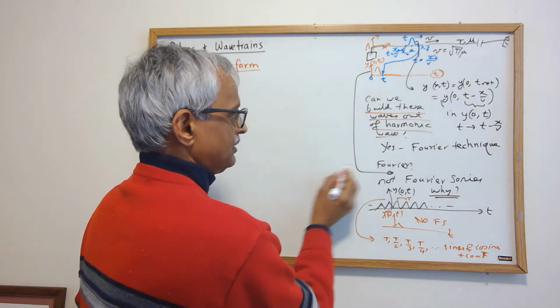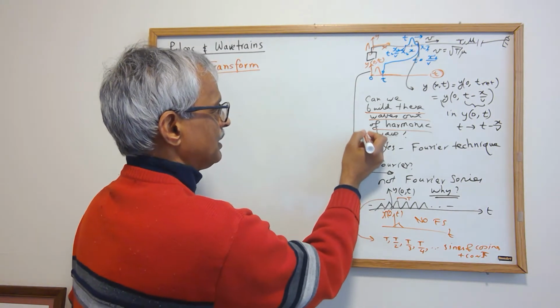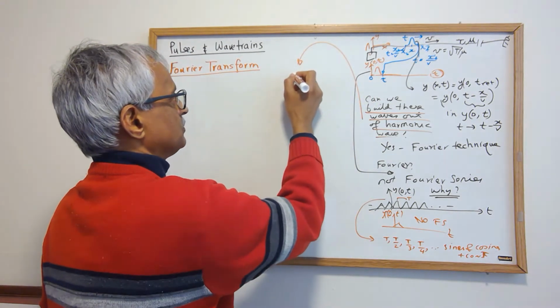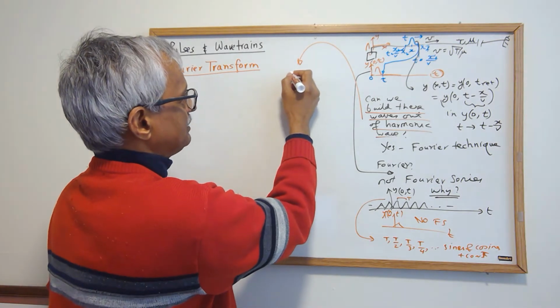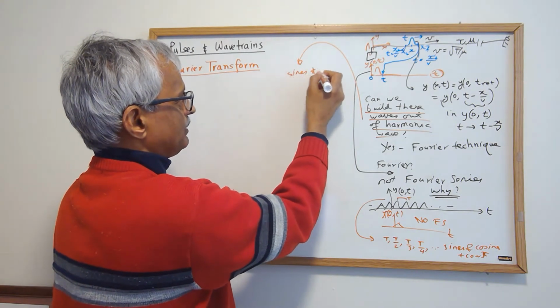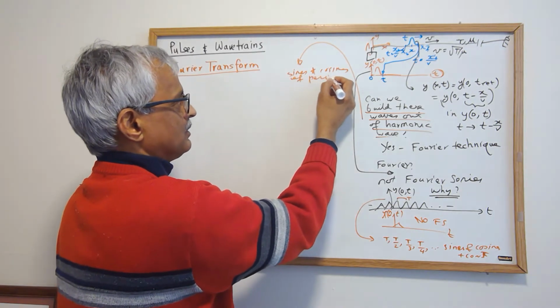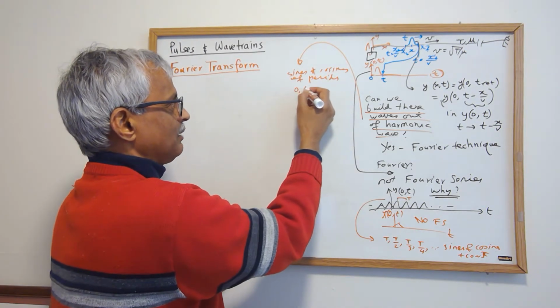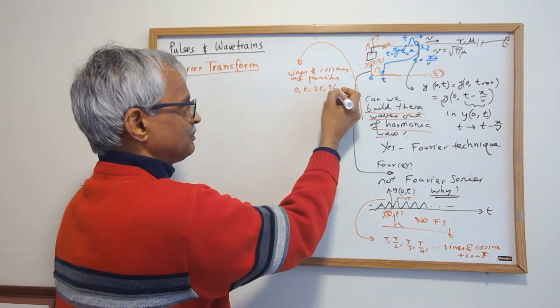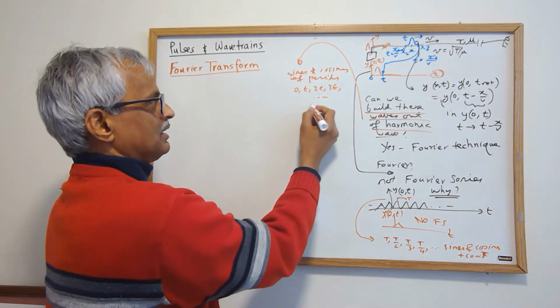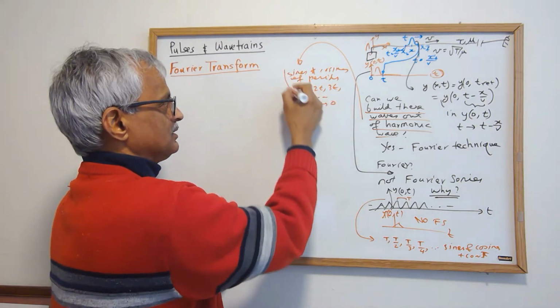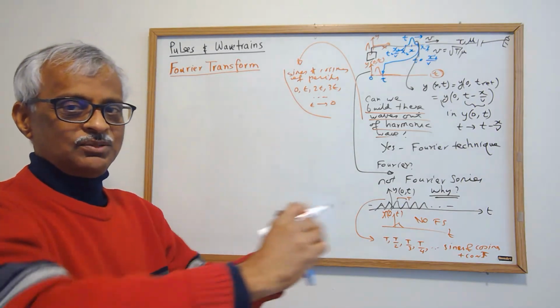So I'll build it out of these. The periods I will need, sines and cosines of periods, are 0, epsilon, 2 epsilon, 3 epsilon, all the way, with epsilon going to 0. This is a continuous period.